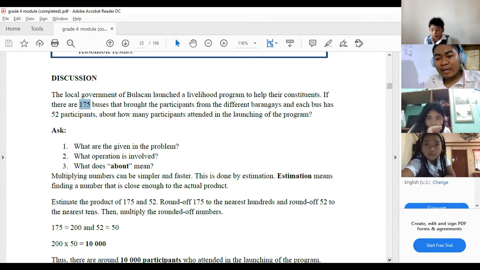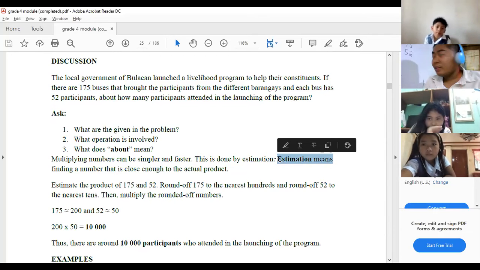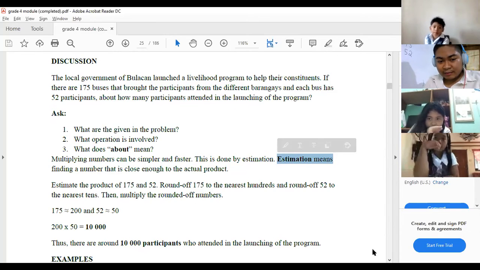So let's try to have the estimation. So this is done by estimation.